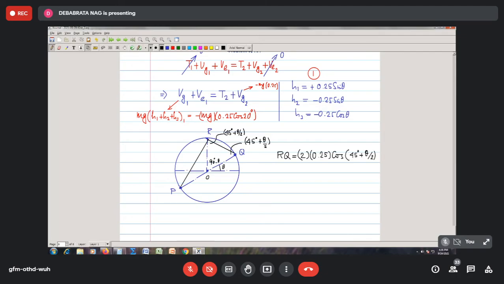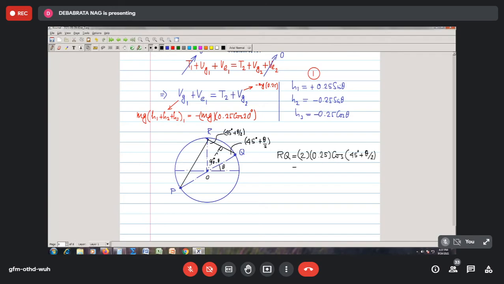You understand what I have done? I have dropped a perpendicular from the point O in this way, and thus RQ will be bisected here. So 0.25 cos of 45 degree plus theta by 2 will be this length, and double of it will represent RQ.